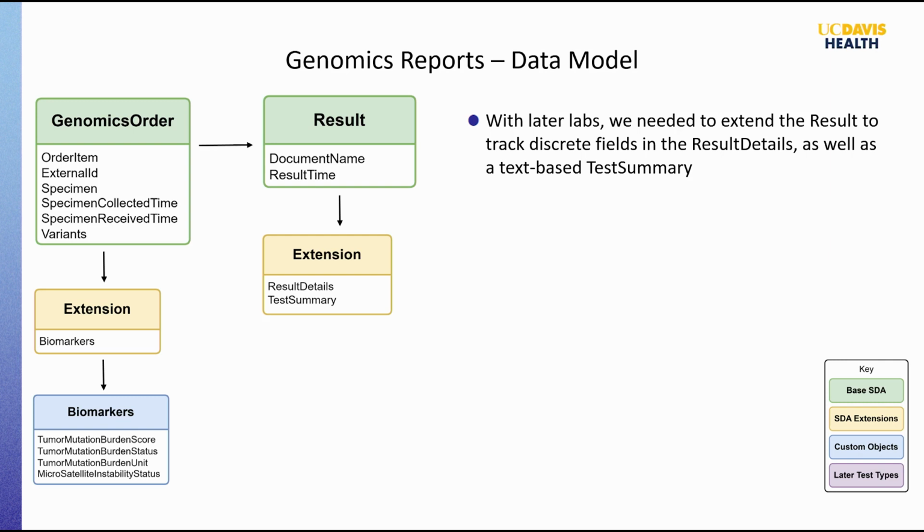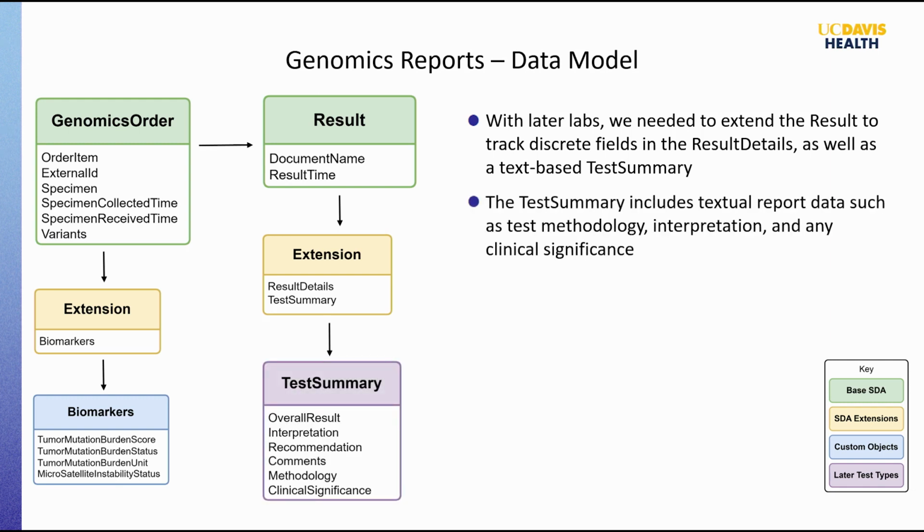And that includes the result details as well as a test summary. Part of the test summary, these are fields that are not discrete. These are just fields that include the test summary, interpretation, and any clinical significance.